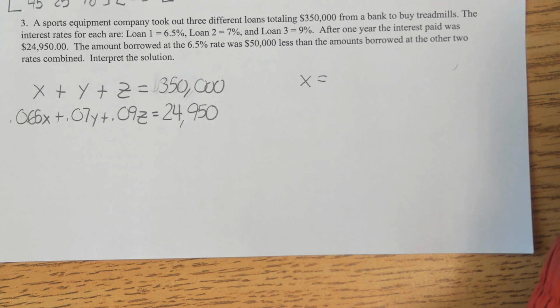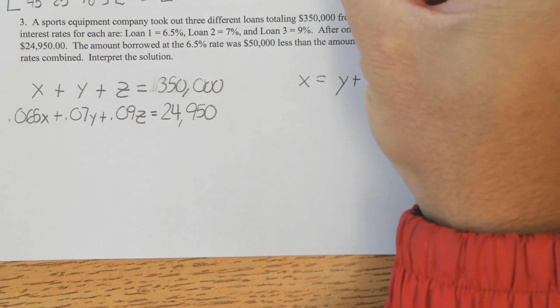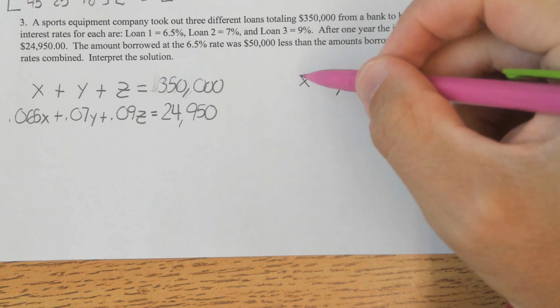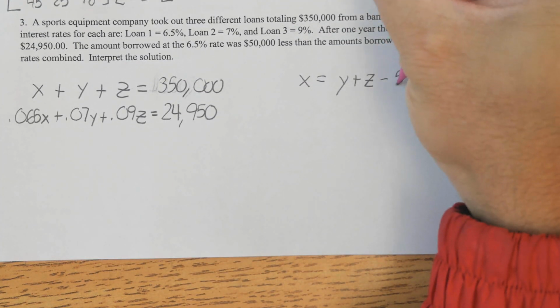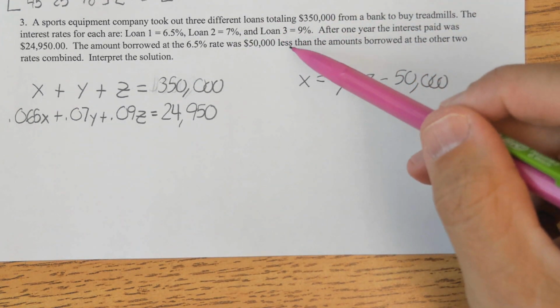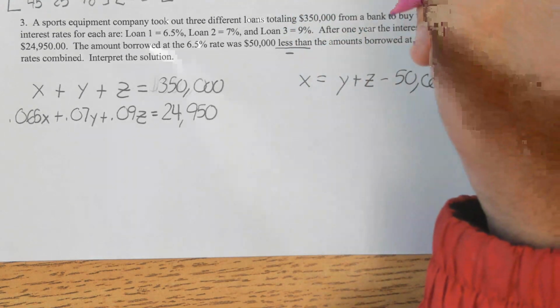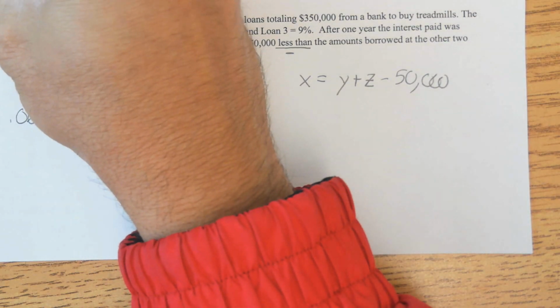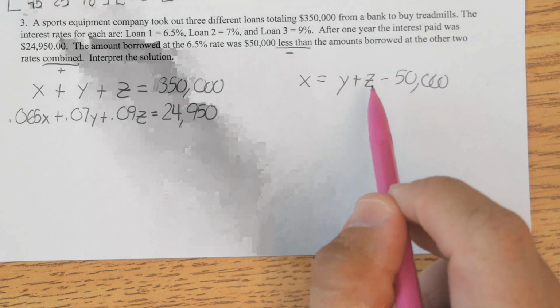Combined with the other two means that we're adding the other two loans together, and then to determine this loan, we then are subtracting $50,000 from it. Read it there, right? The less than tells me subtraction. The combined tells me addition between those two. And so that's what that equation is going to look like.